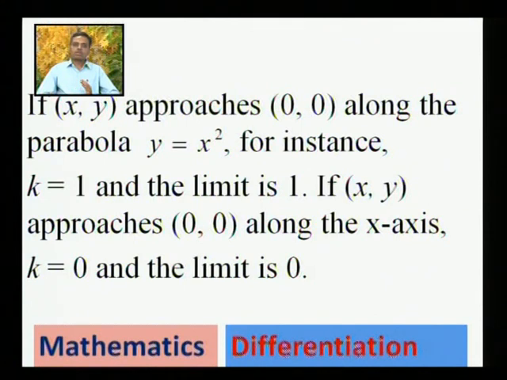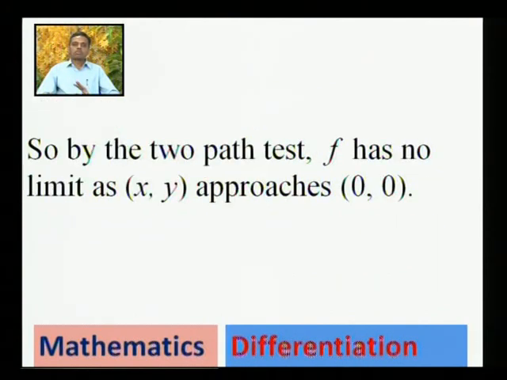So, on y equals x², that is one path, we get the limit of the function is 1, and on the x axis, that is another path, we get the limit is 0. So, by the two path test, f has no limit as (x,y) approaches (0,0), because we have just seen the result that if the limit of a function is not equal along two different paths, then that limit does not exist.